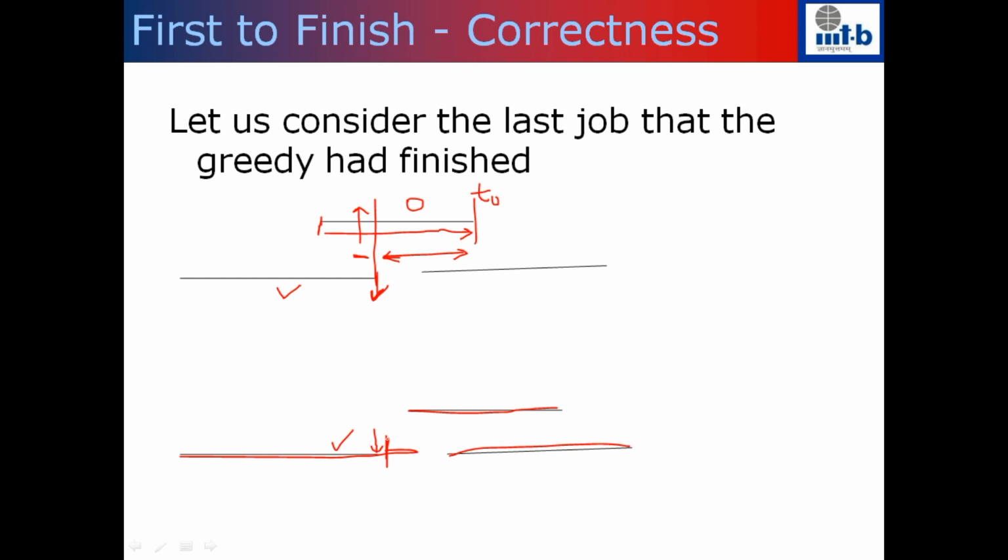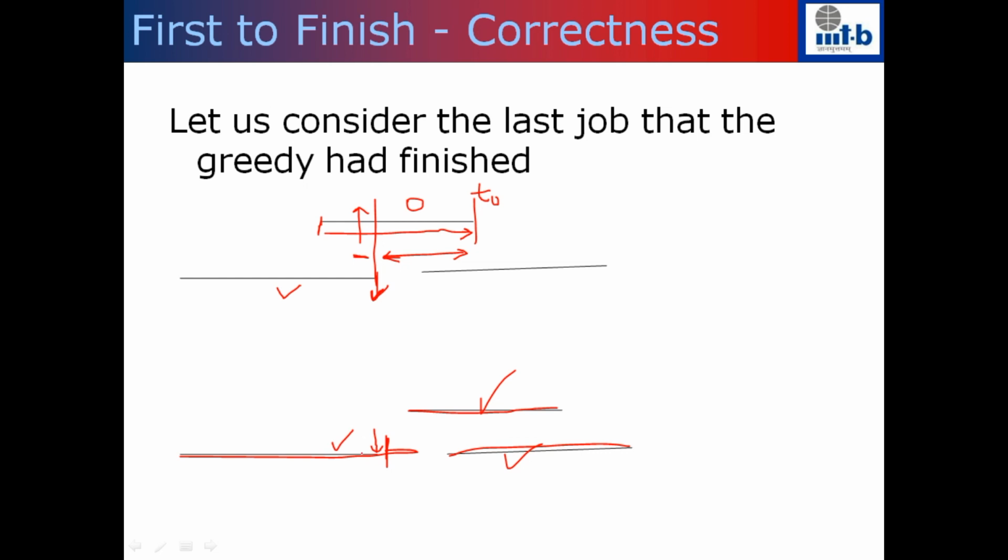It has to pick a job which finishes first. So the greedy should have picked this particular job instead of this particular job, right? So that means that the greedy has made a mistake. So the greedy picks this one, not this one.